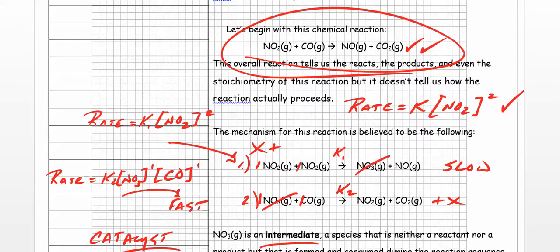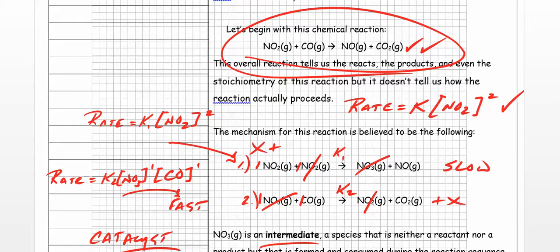If you look at the NO3, remember that was an intermediate and canceled out. So what's left? We've got NO2 on the left. We've got another NO2 on the left, but one of those NO2 is going to cancel with this NO2, right? And so we've got one NO2 net on the left. We've got a CO right here, just like we've got in the overall reaction.